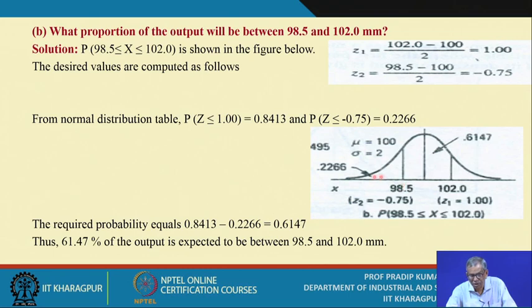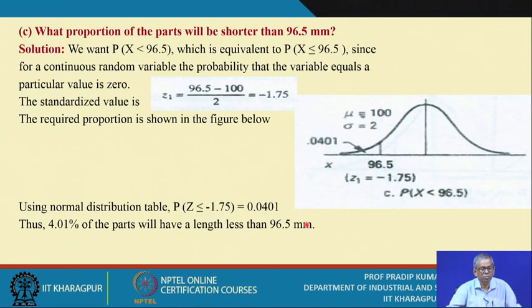Is it okay? So this value you get by referring to the standard normal distribution. Similarly, this area also you get, and when you subtract these two areas from 1, you get the value of 0.6147. Is it clear? So you know how to use this standard normal distribution table.